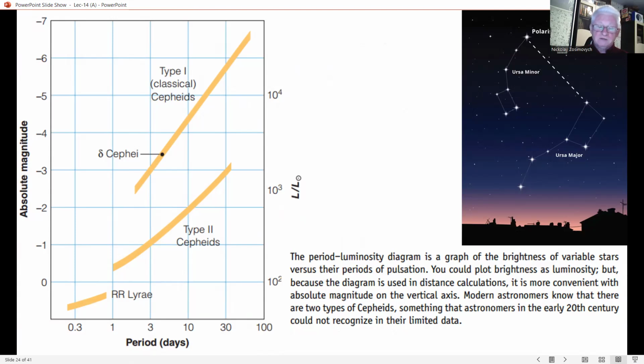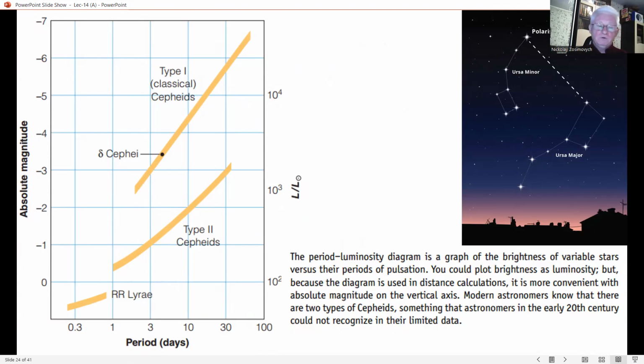Lower mass stars are less luminous and cross the instability strip lower in the HR diagram. And because they are smaller, they pulsate faster. This explains why the long period Cepheids are more luminous than the short period Cepheids.